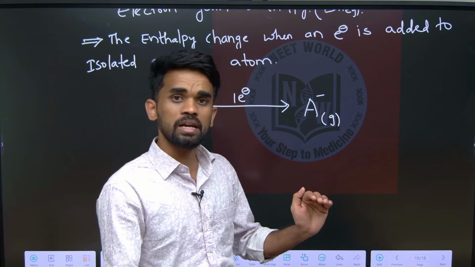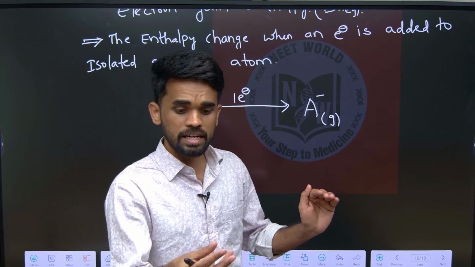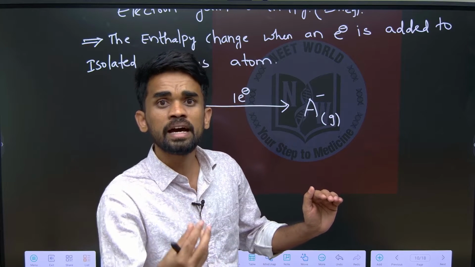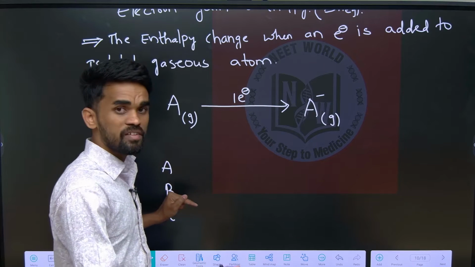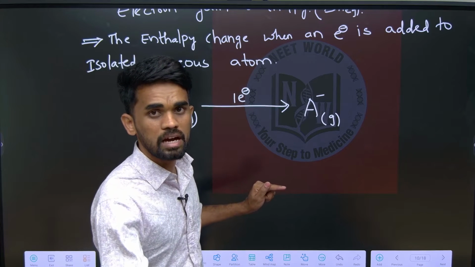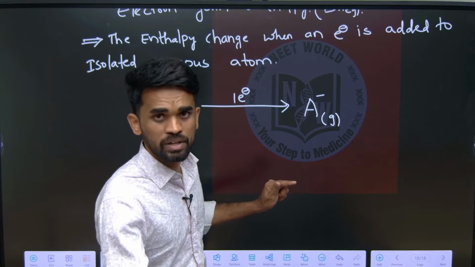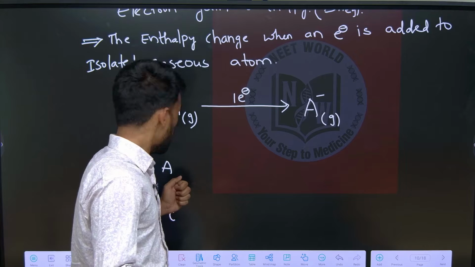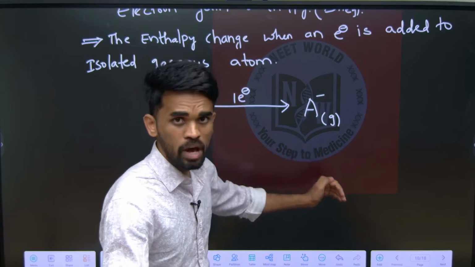The more negative the electron gain enthalpy, the more electron affinity it has, or I can say the more tendency it has to gain the electron. Those elements which have a more negative electron gain enthalpy value have more tendency to become the respective anion.